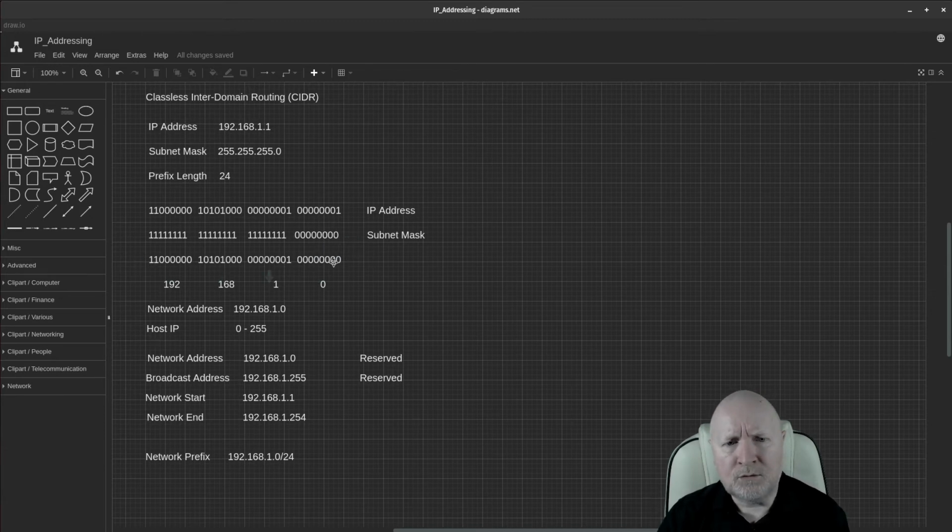So this is the actual result of doing an AND against these two 32-bit numbers, which in decimal is 192.168.1.0, and in dotted decimal format it's 192.168.1.0.